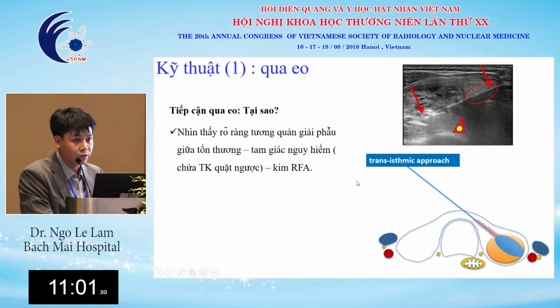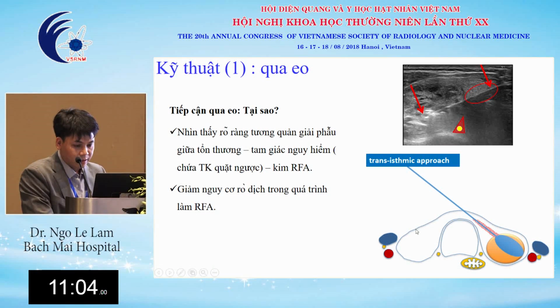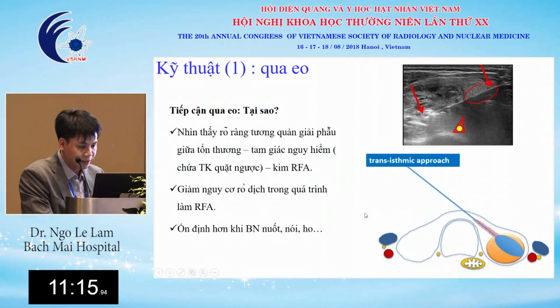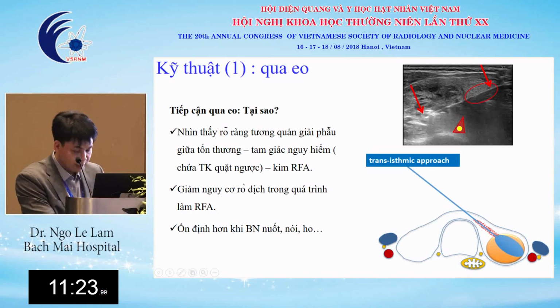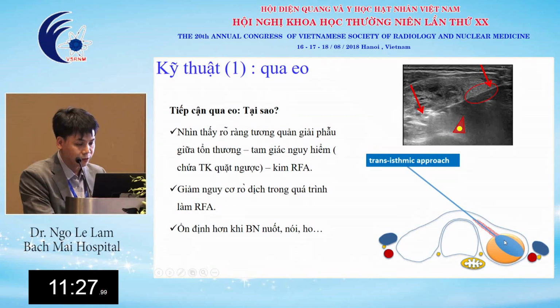Actually, when we know the dangerous triangle, we can easily avoid the complication. Another thing is to avoid seeding. When we ablate a lesion, the liquid may go retrogradely along the tract and may damage the normal tissues.